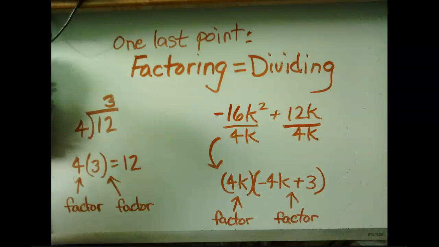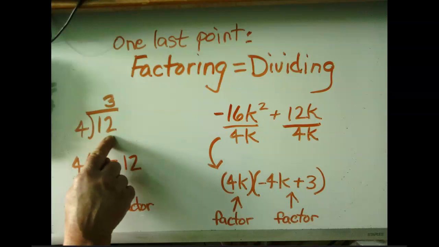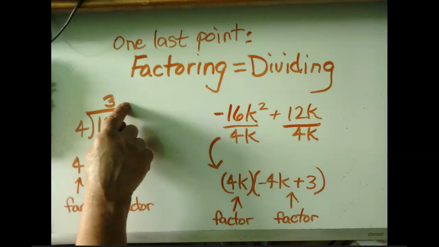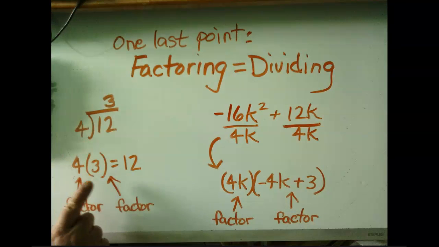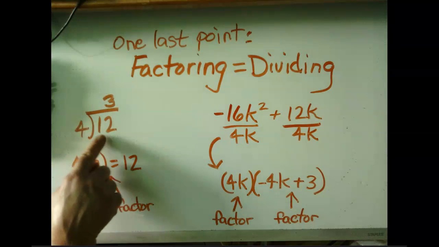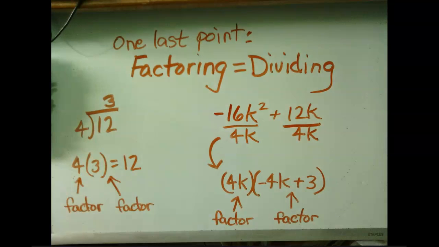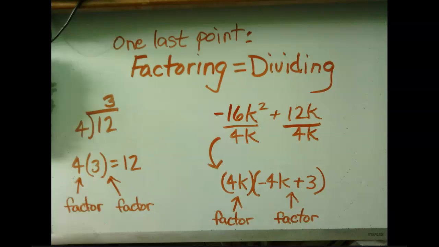As you can see, just like you did in elementary school, when you divide a number like 12 by a number like 4, and you end up with another number, 3, you can multiply those two numbers back together to get the number that you started with. What do we call this in arithmetic? We call 4 a factor. We call 3 a factor.